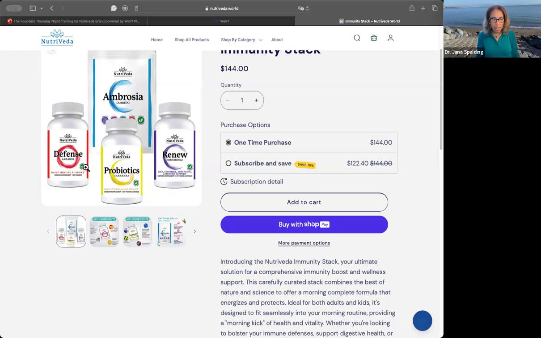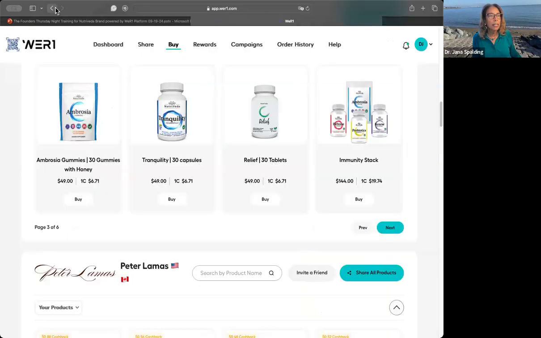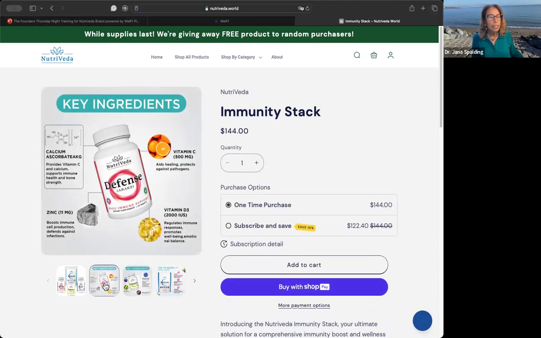But it is not a coincidence that these were the products that were selected for the immunity stack, because we have scientists who know modern science and we have scientists who know Ayurveda. So let's go through them one by one. First of all, oh, I did something I shouldn't have done. Let's go back. Okay, here, this is where I have to go. Defense.